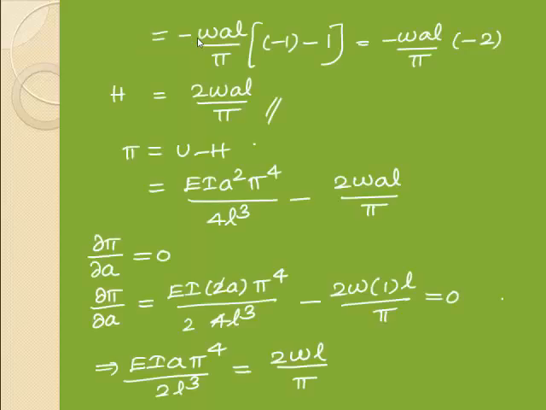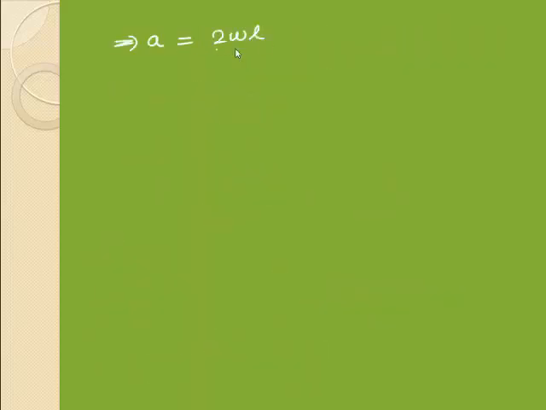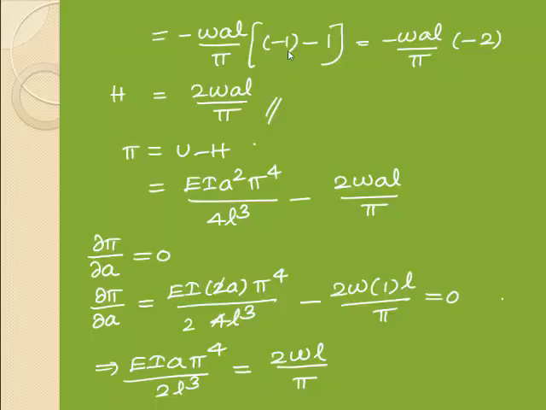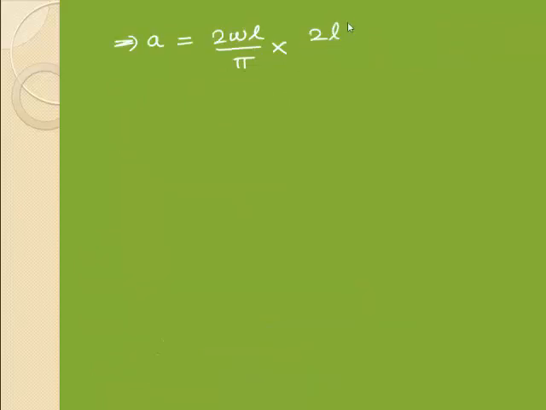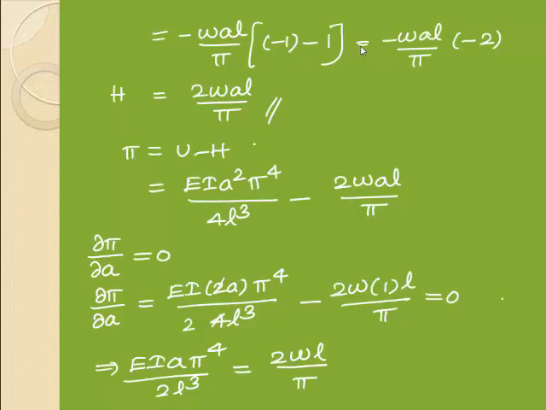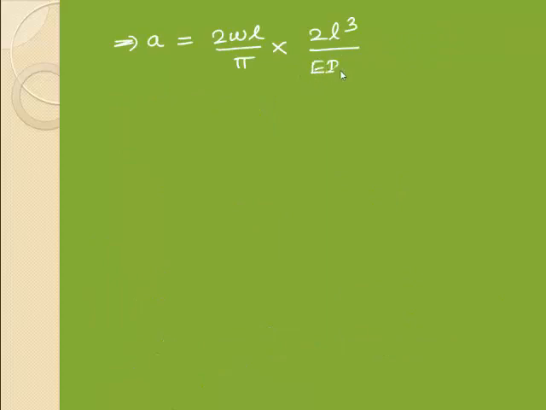So the value of a can be written as 2 W L by pi into 2 L cube divided by EI pi power 4. So simply 4 W L power 4 divided by EI pi power 5. So this is the solution for a.